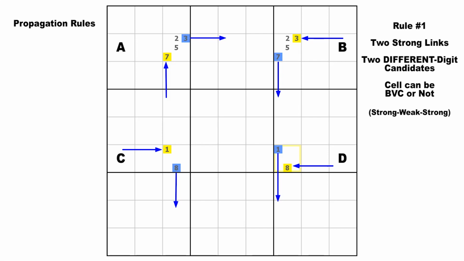And this works great either way, because you can draw or visualize a weak link between the 2 highlighted candidates in each of those 4 cells, and it will follow the strong, weak, strong alternating sequence. Remember, the propagation rules are only concerned with the 2 links that are entering and leaving the cell. So any of these 4 configurations would be valid if they appeared in a chain or a loop.